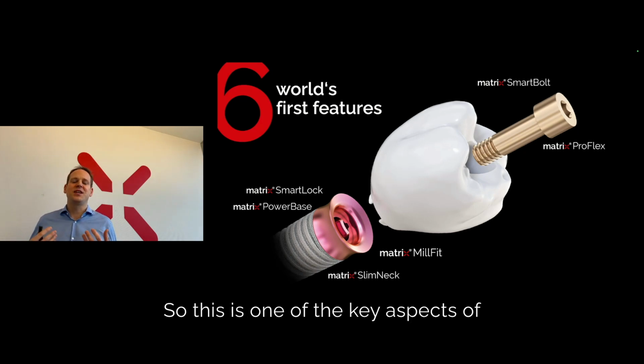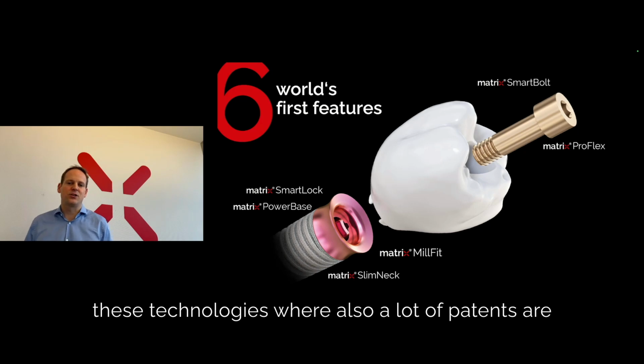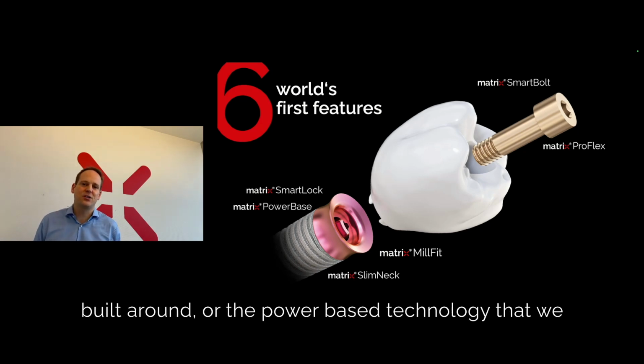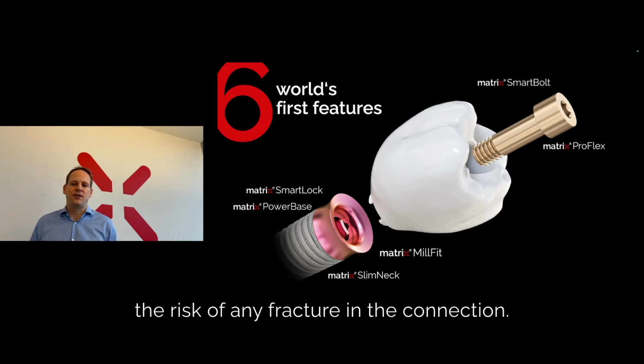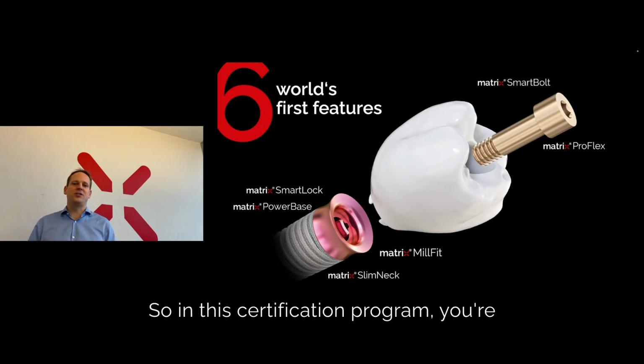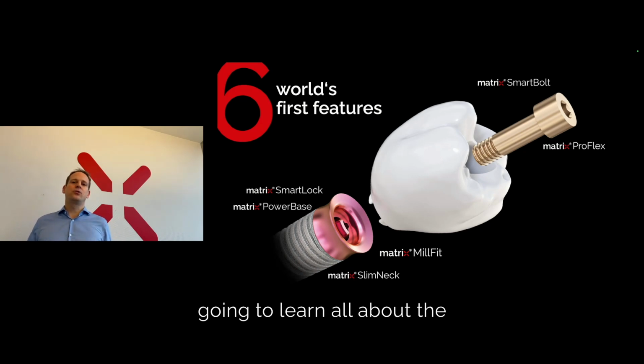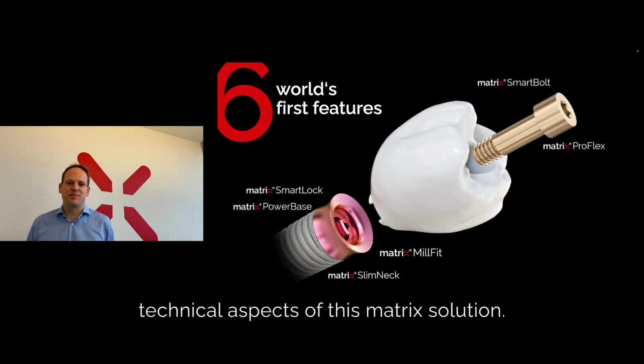This is one of the key aspects of these technologies, where a lot of patents are built around, or the power-based technology that we can connect zirconia directly to the titanium without the risk of any fracture in the connection.